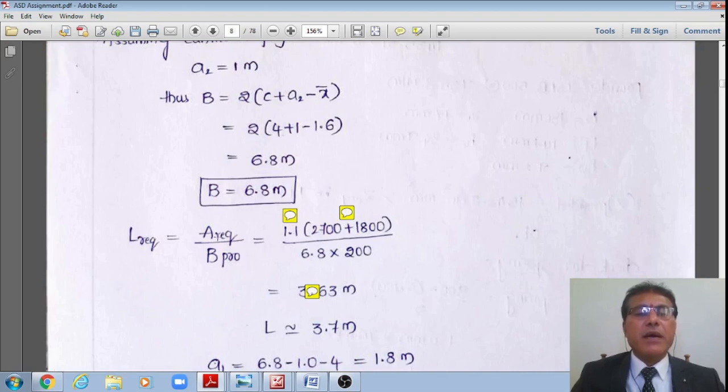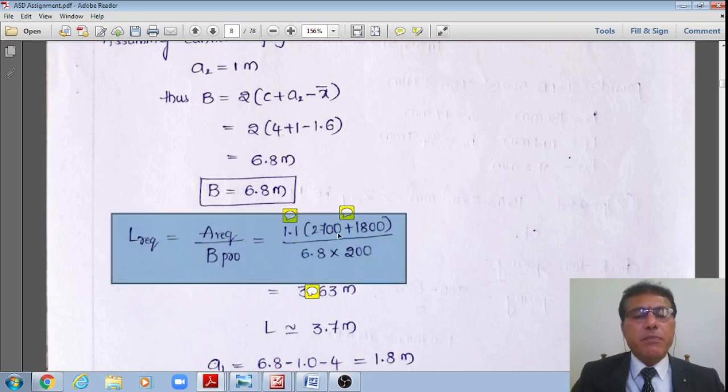However, what is the area of the footing required? Now I'll calculate that, and from that I'll calculate the length of the footing required. Therefore, length of the footing required is nothing but the area of the footing required, that is total load divided by the safe bearing capacity, divided by the width of the footing provided, right? Generally we take 1.1 multiplied by total load P divided by the SBC as the area required.